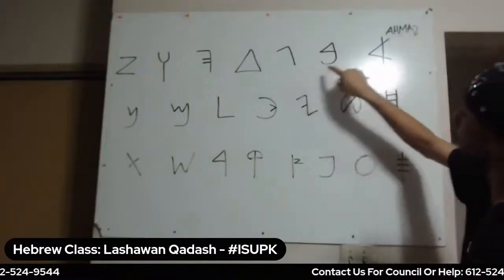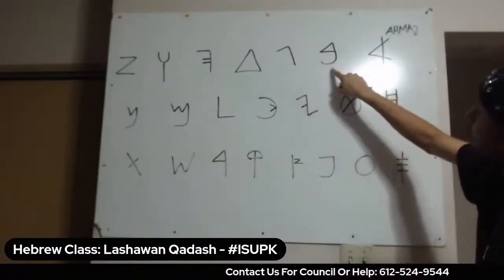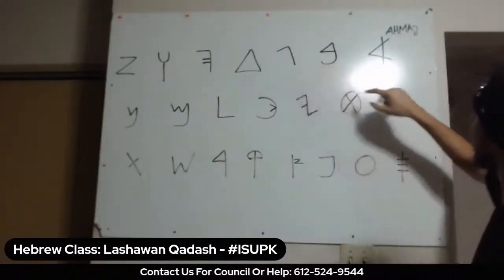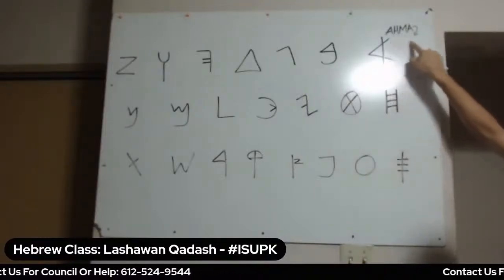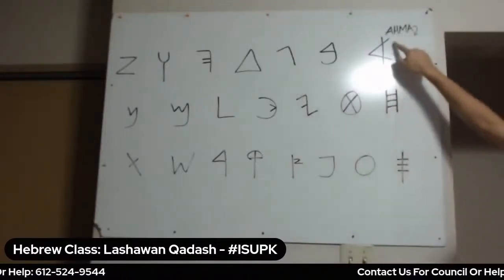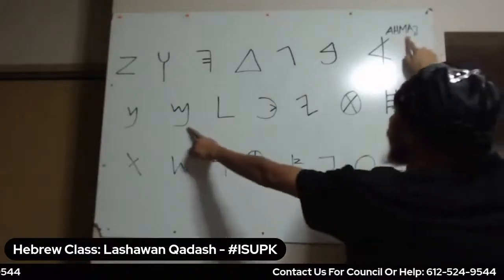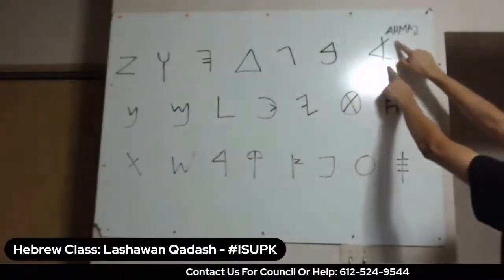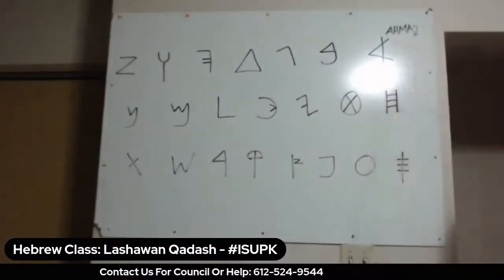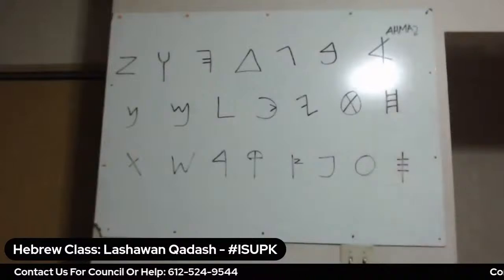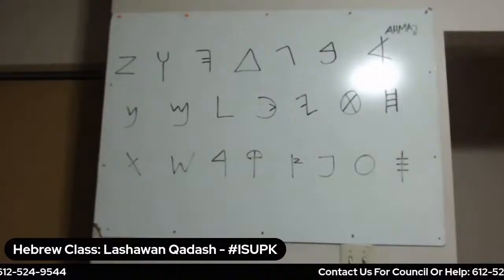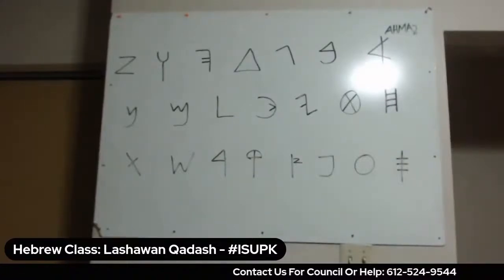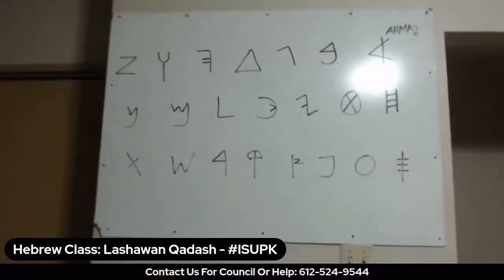This is the key word. For each letter, we are going to start off with the beginning of each letter. So ma is a word. This is the ma right here.